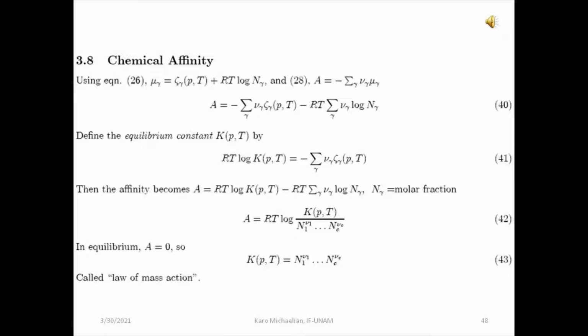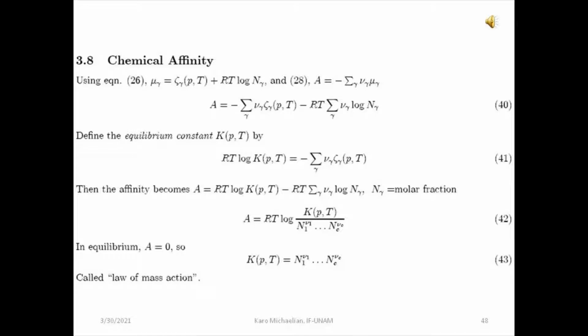Now we know that in equilibrium the affinity is equal to 0, and the only way equation 42 can go to 0 is if the log goes to 0, and that is only the case when the fraction K over the molar fractions multiplying each other goes to the value of 1, because the log of 1 is equal to 0.